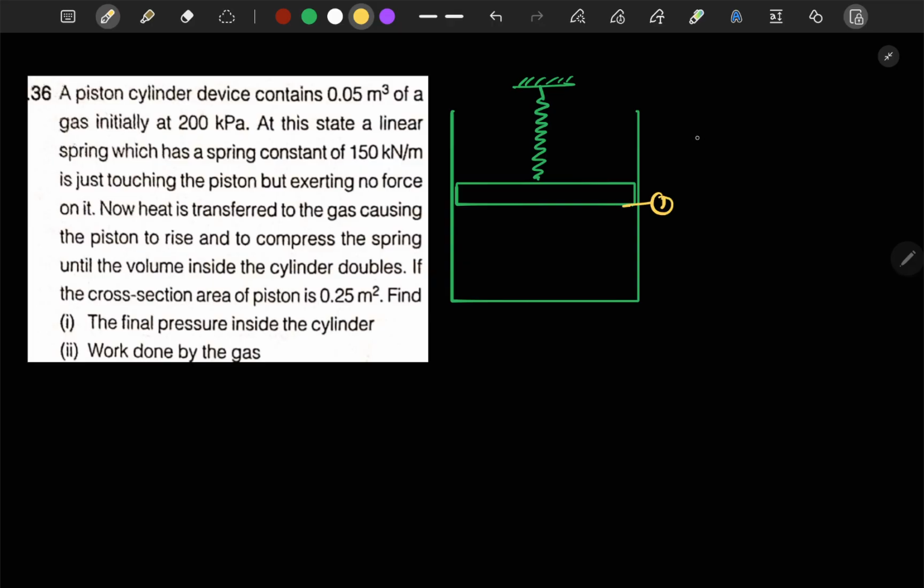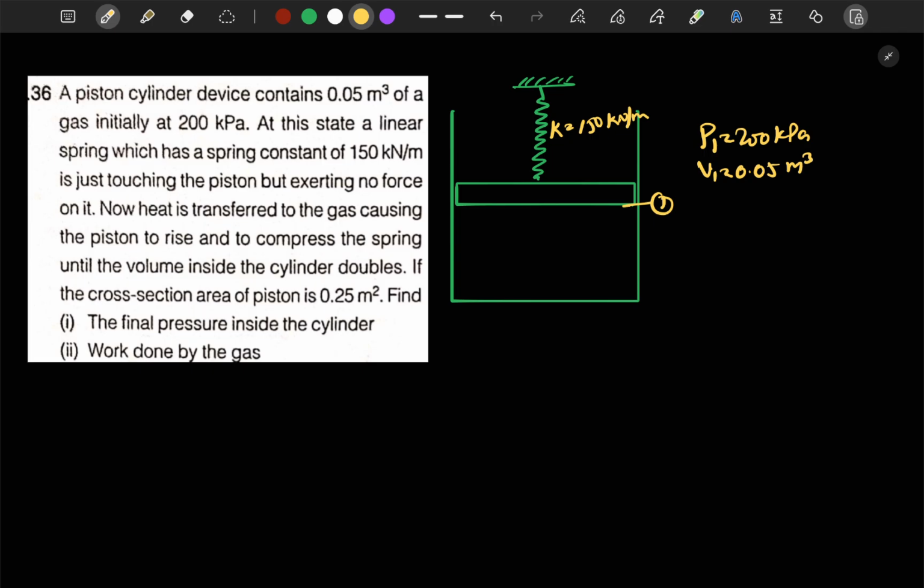At location 1 our P1 is equal to 200 kilopascal and V1 is equal to 0.05 meter cube. The linear spring constant is 150 kilonewton per meter, just touching but not exerting any force. It means that at location 1 there is no spring force acting on the piston. The piston is completely held by this pressure only.